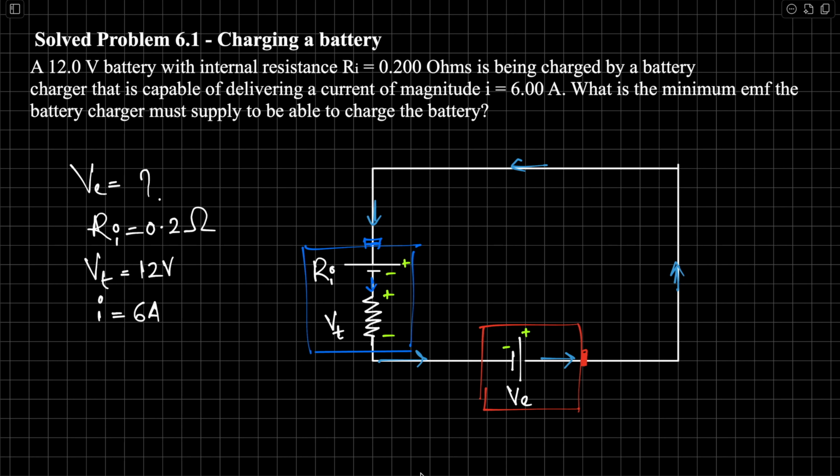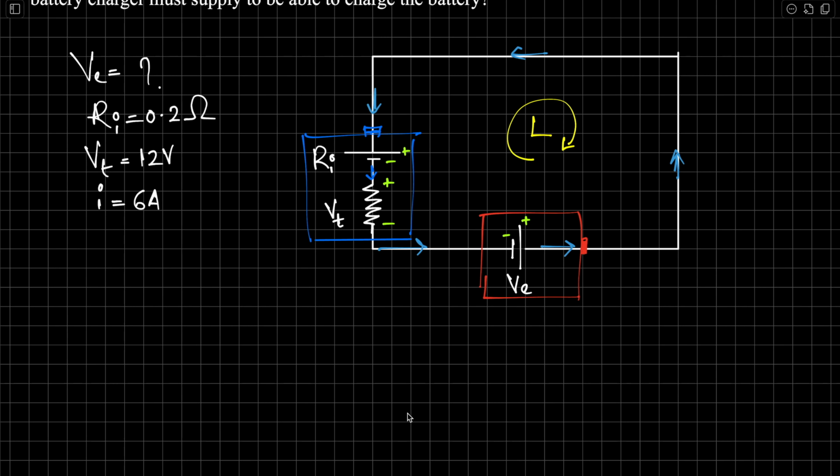The third step is to choose a loop. I'm choosing the clockwise loop. You can go counterclockwise as well, no issues. I'm going to write Kirchhoff's voltage rule for this loop. We're going clockwise, right? So this is my loop. I'm starting from VE.